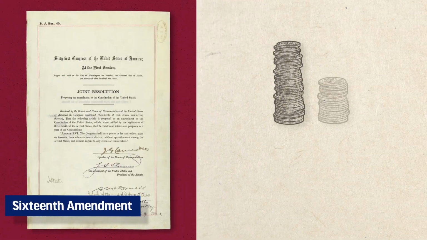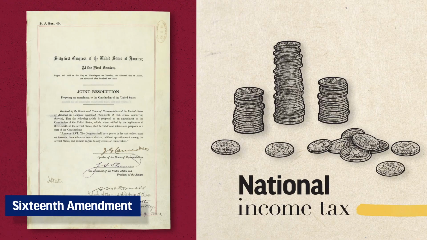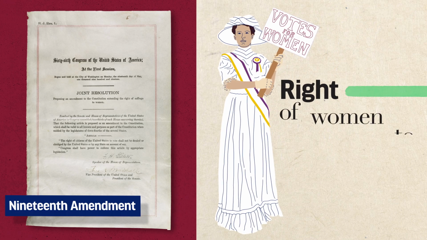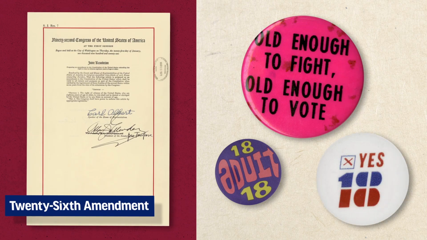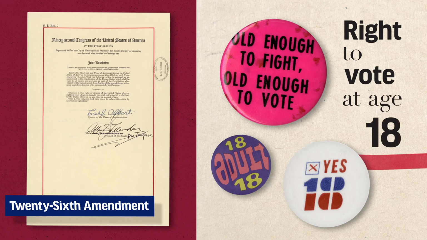The 16th Amendment authorized Congress to impose a national income tax. The 19th Amendment nationalized the right of women to vote by barring any contrary local laws. And the 26th Amendment nationalized the right to vote of those 18 and over.